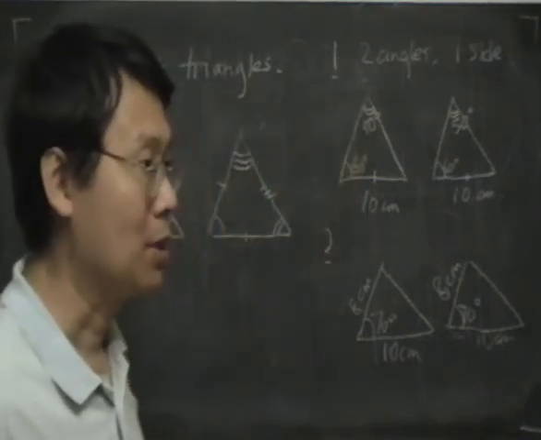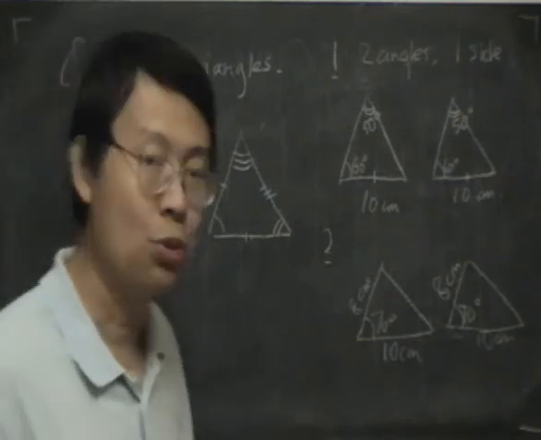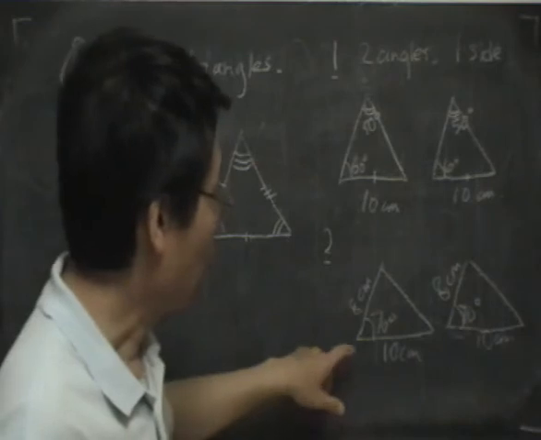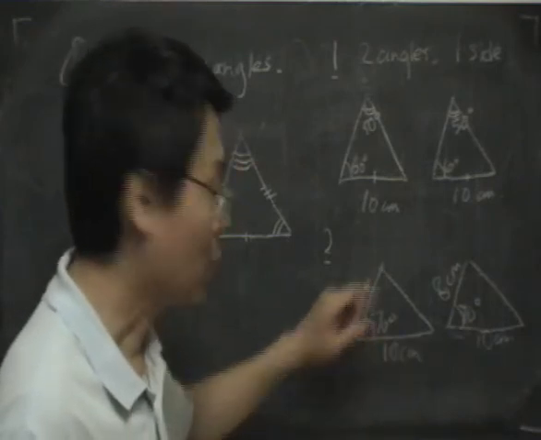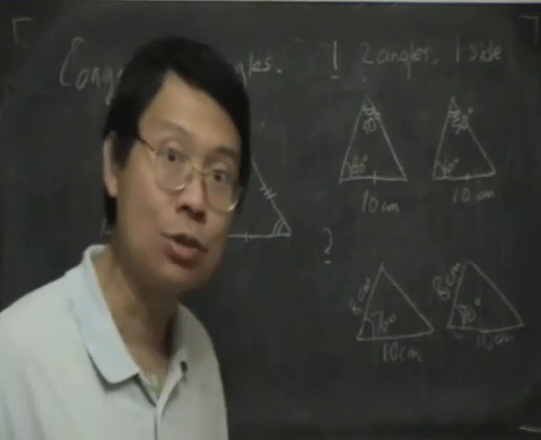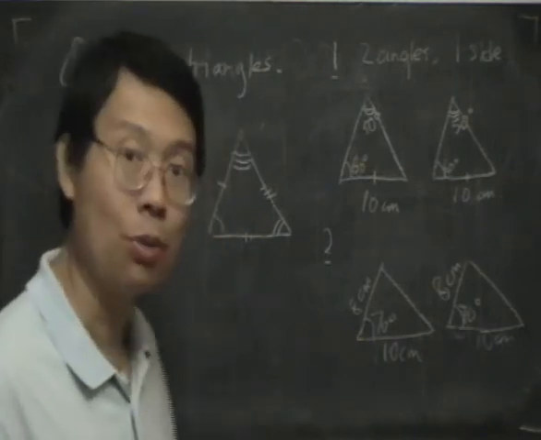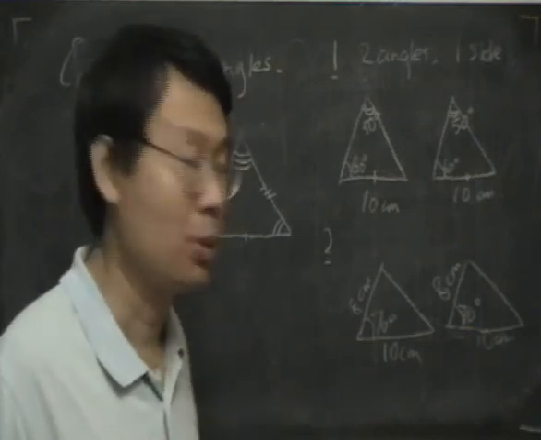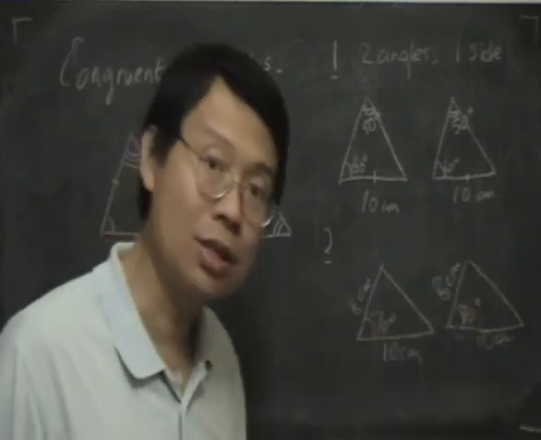But if, using your ruler and compass and pencil, you find that when you try to draw the triangle, you don't have enough lengths or angles to complete it, then there is not enough information to say that the triangles are congruent.